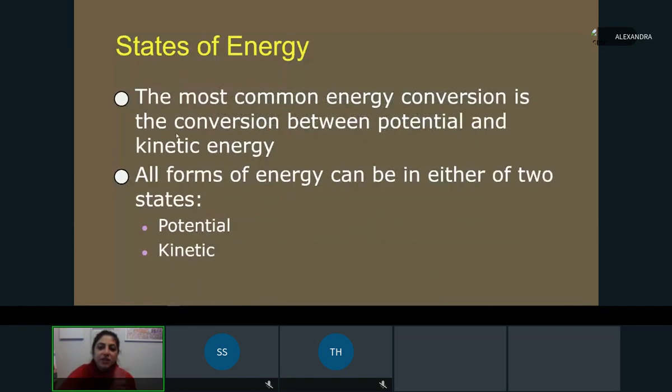Like I said, there's 2 different states, or phases, that energy can be in. The most common energy conversion is the conversion between potential and kinetic energy. All forms of energy can be in either of these 2 states or phases, right?